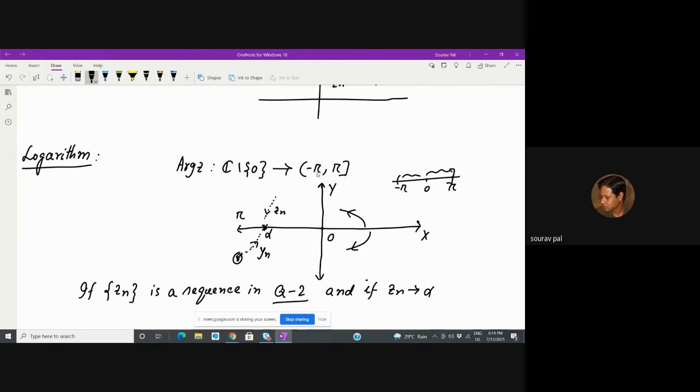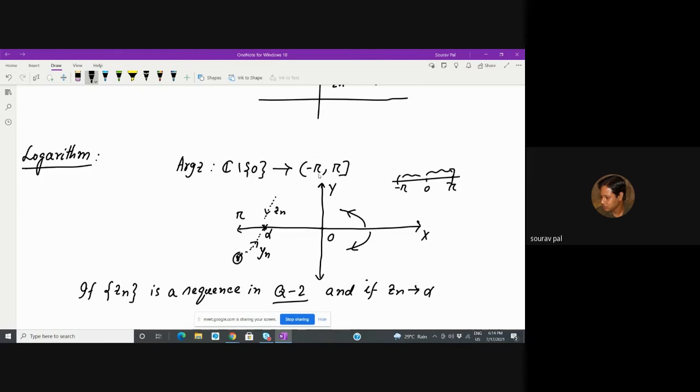Minus pi is excluded. This is the reason minus pi is excluded. You can measure all points in the third and fourth quadrant in terms of minus pi to 0, except at minus pi, because you cannot say that its argument is minus pi and pi. So you have to take only one.